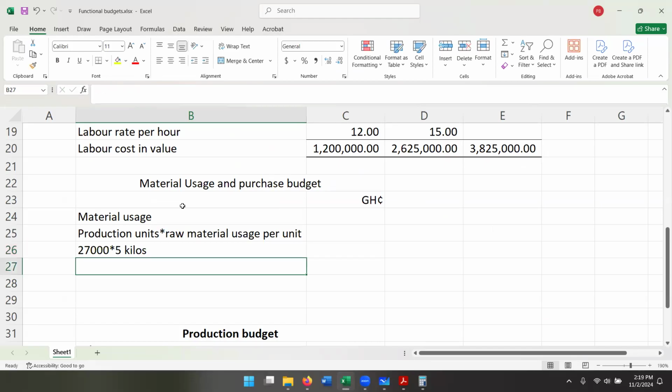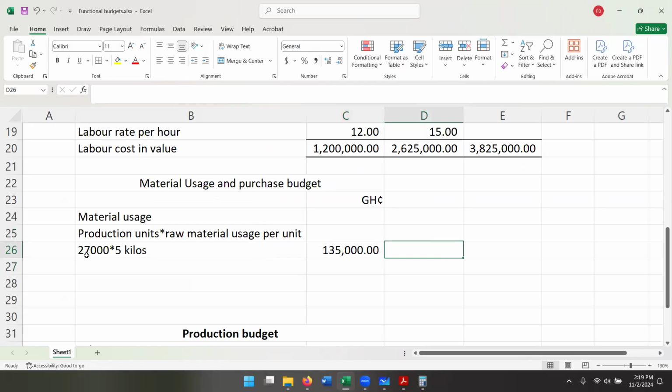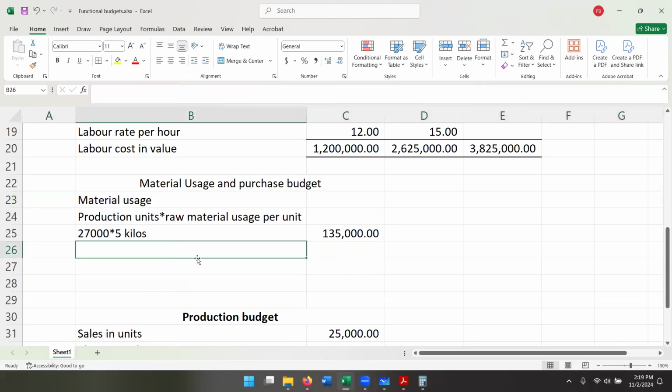In total, we get 27,000 times 5, which is 135,000 kilos. So that is the material usage budget.